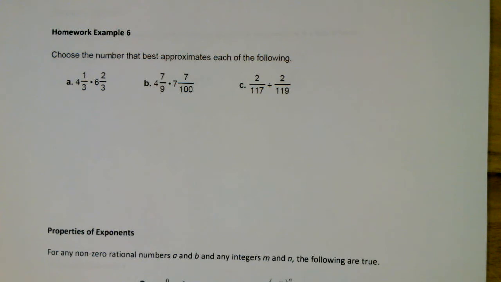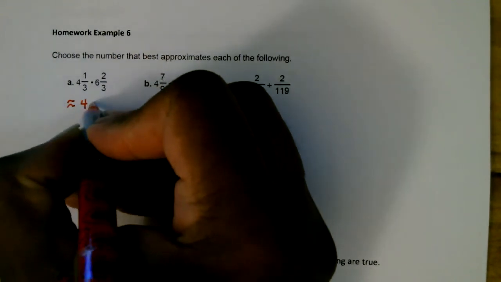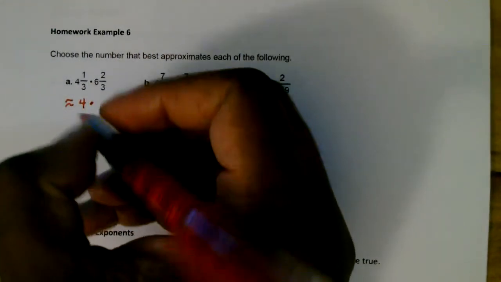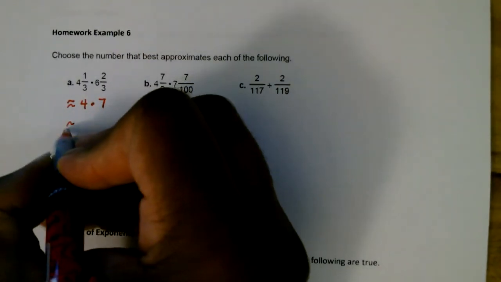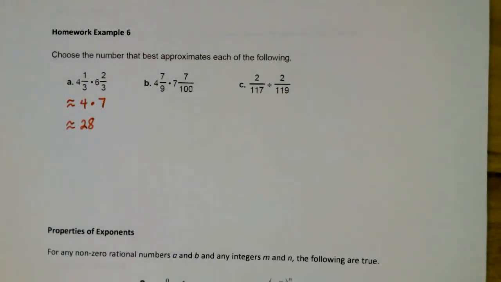So with that particular problem, what I would do there is round 4 1/3 to 4. And then 6 2/3, I can round that up to, let's say 7. And then 4 times 7 would be 28. So the approximate value for 4 1/3 times 6 2/3 will be 28.